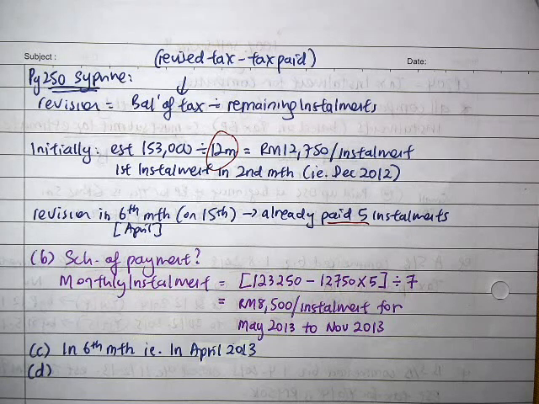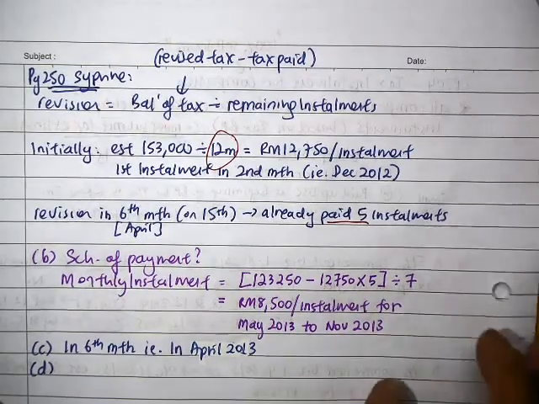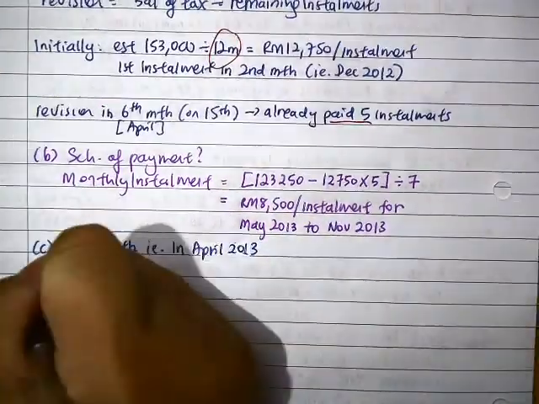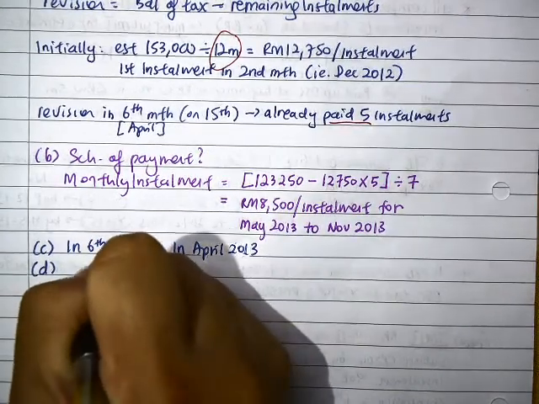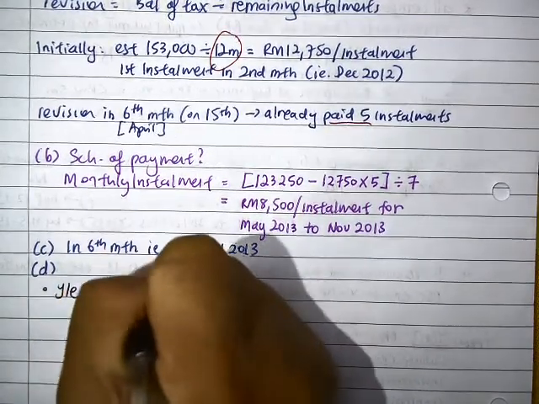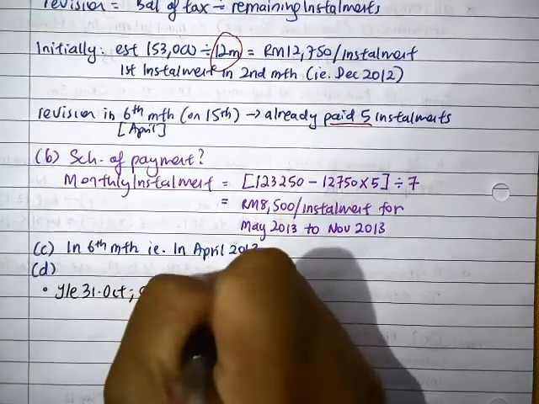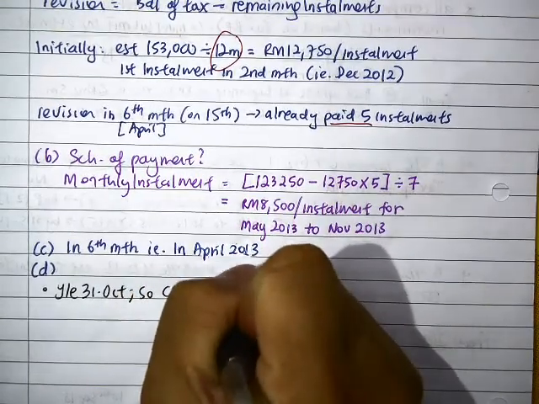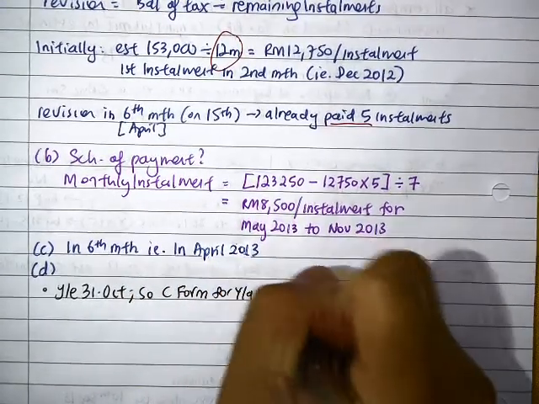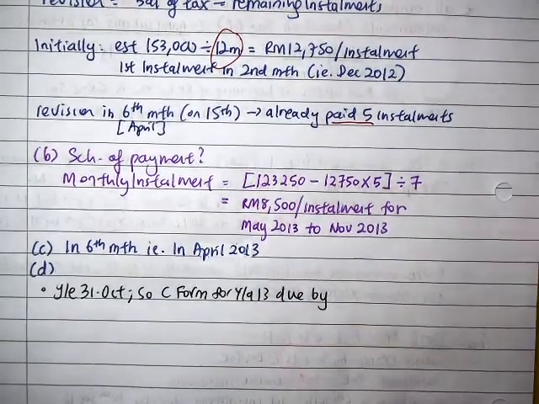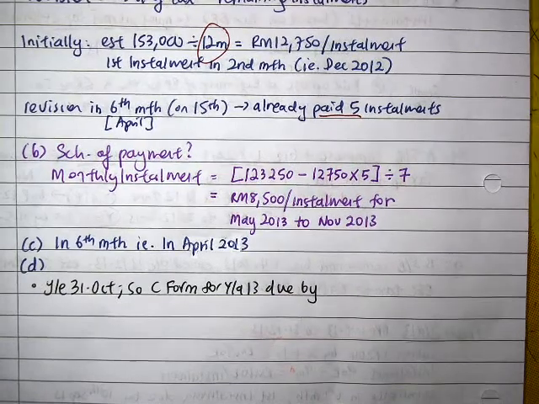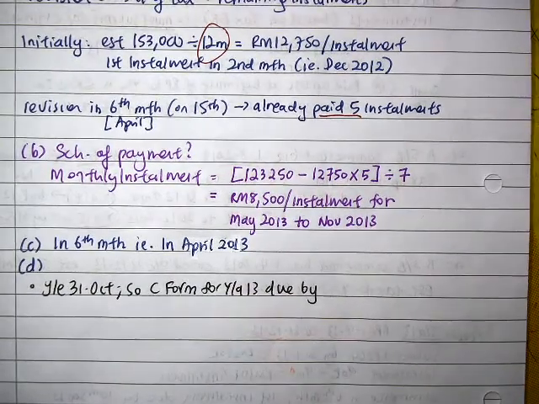Okay, there's a few things you watch out. Number 1, the year end is 31st October. So the C form for YA 2013 is due by, give me the date please.